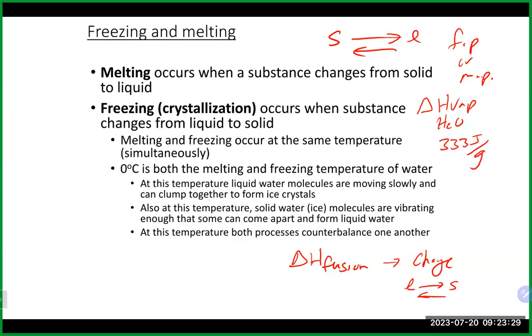And you can see that is a much lower amount of energy that's required to do that phase transition going from solid to liquid than it is going from liquid to gas, which is about 2200 joules. And again, it's because as you go from solid to liquid, or even liquid back to solid, the molecules are pretty much still near each other. They're not completely breaking apart from each other. And when we go from that liquid to that gas, they are completely breaking apart from each other. So it takes a lot more energy to do that.